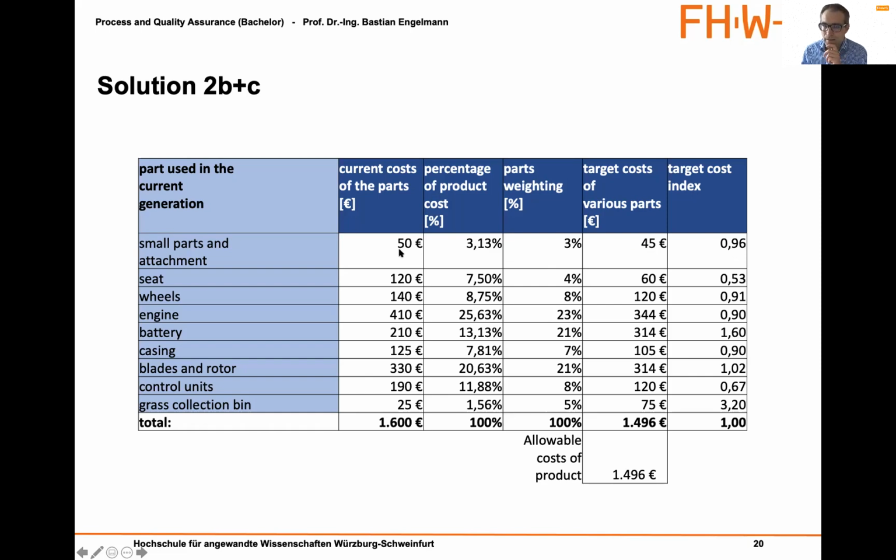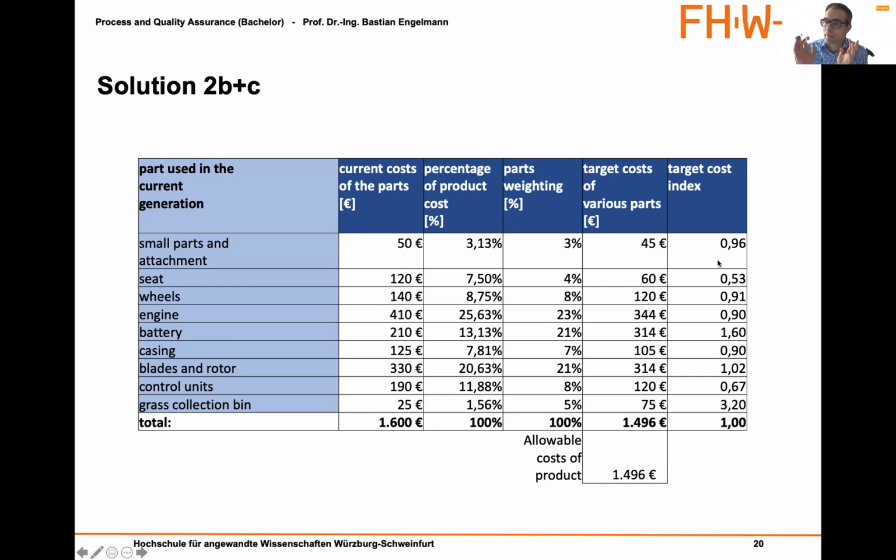Here we have the situation that we have to cut costs by 5 euro. So it's not such a big amount, so it's a little below 1. You remember the problem with the seat, that we have to cut 60 euro from the 120, and this is resulting in a target cost index of 0.5.